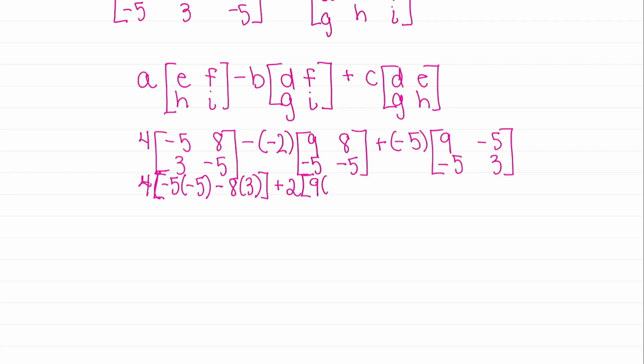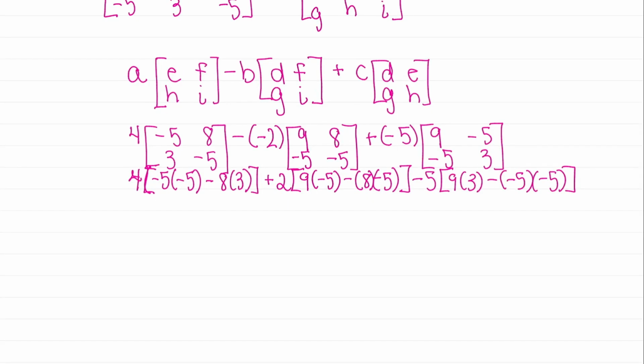Then we're going to have 9 times -5 minus 8 times -5 minus 5, 9 times 3 minus -5 times -5.